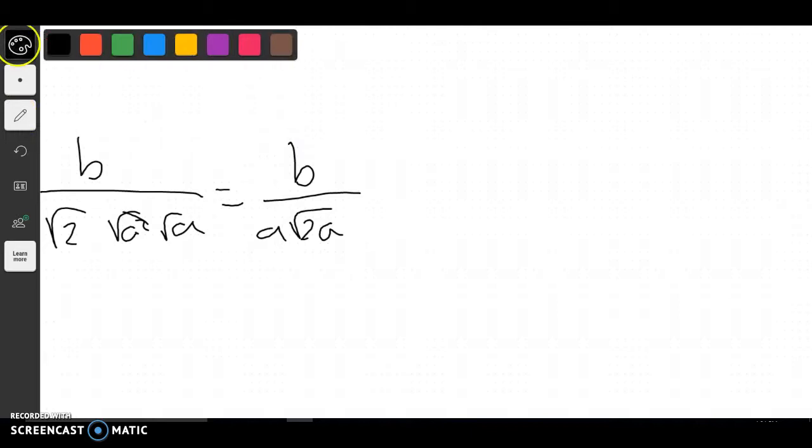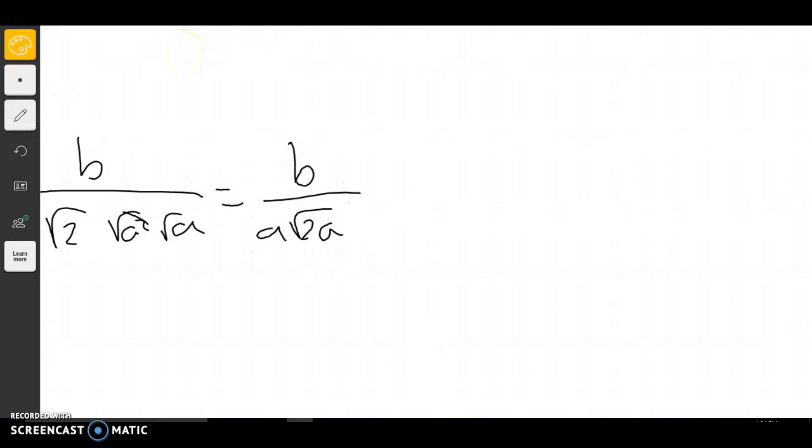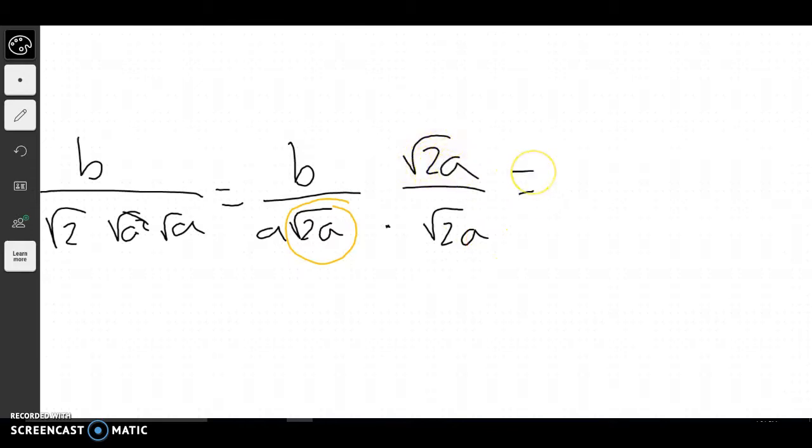So because you've got to get rid of it, what we're going to do is multiply the top and bottom by that. So times both the top and bottom by radical 2a. And what I'm going to find is that I get b radical 2a over, well, 2 times 2 gives me 4, and a times a gives me a squared.